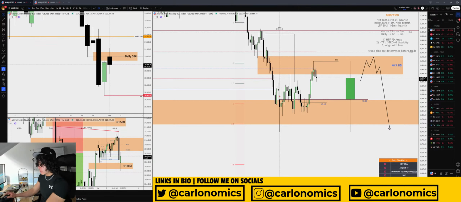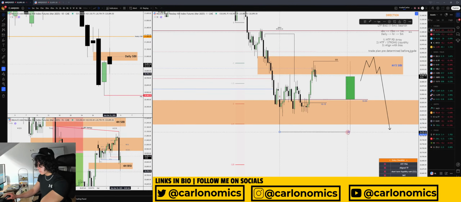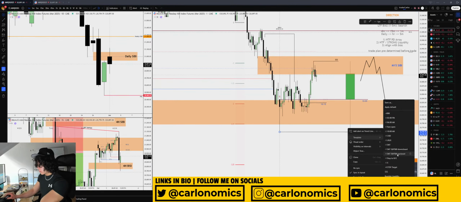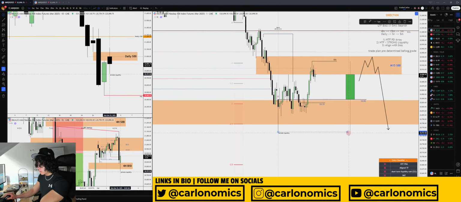Because remember, we still have these data lows below us, the 10 a.m. lows. So yeah, we still have that sell side down here.